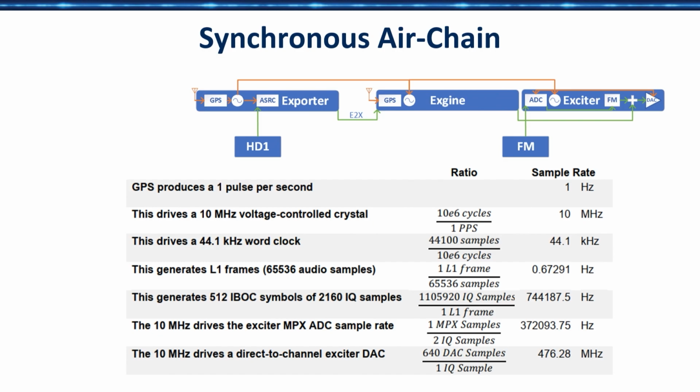The exporter takes 64K audio samples. It creates an L1 frame out of those, and there's no test on those numbers, don't worry. But the point is, no matter what point in the chain you're looking at, there's a fractional relationship of all the transformations. And you never lose a sample, or if you do, it's a system issue.